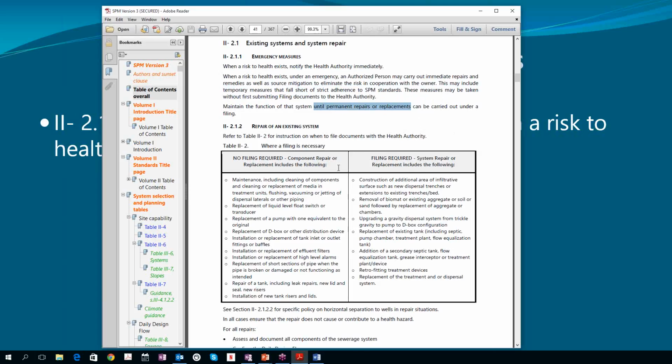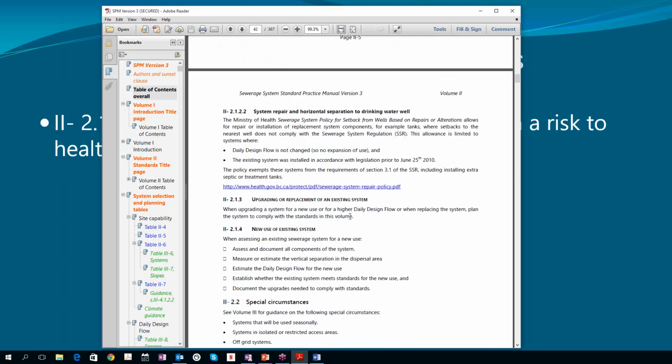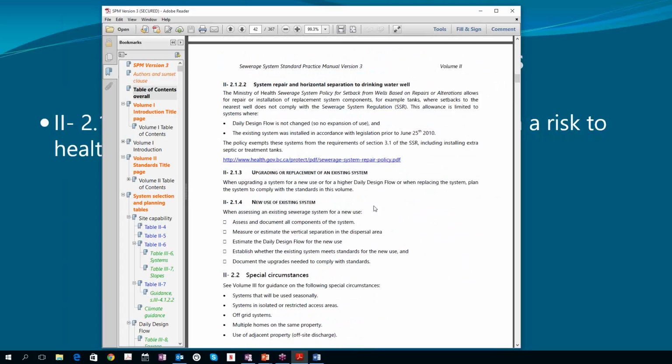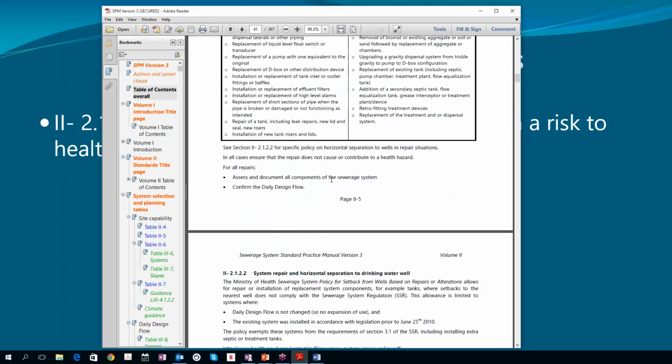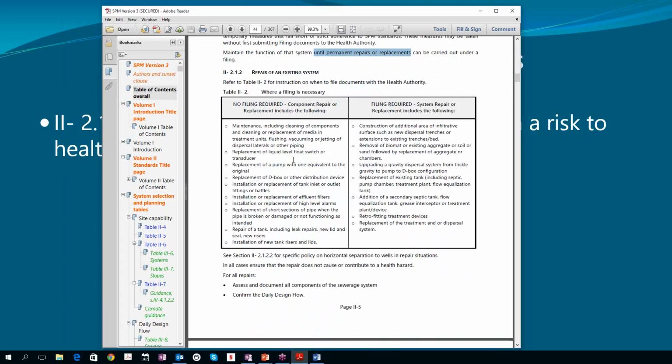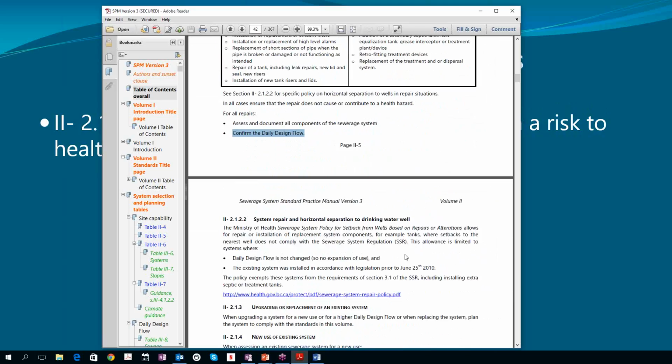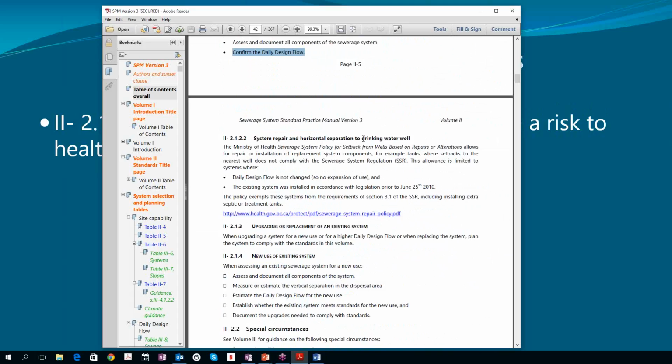Next bit I had was new use of existing system. There's frankly quite a bit more about that in the guidelines. Actually, the next thing I had was all this on repairs. So for all repairs, confirm DDF, assess and document all components, check for drinking water well setbacks.